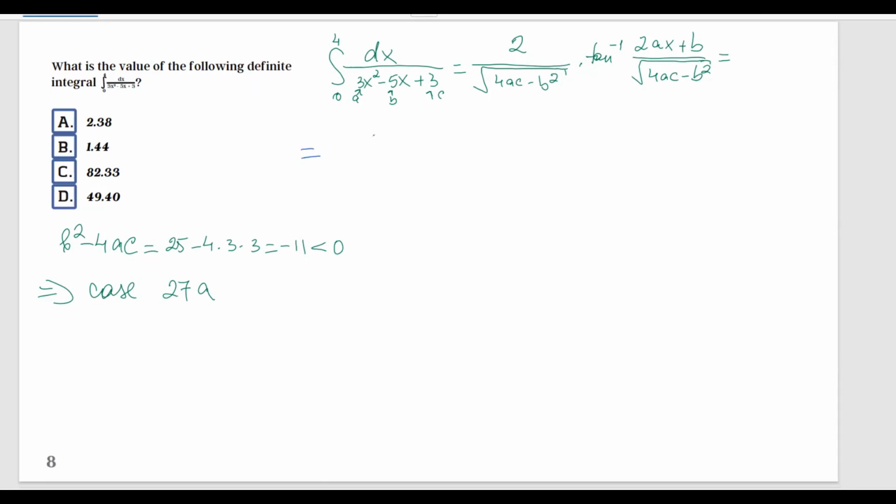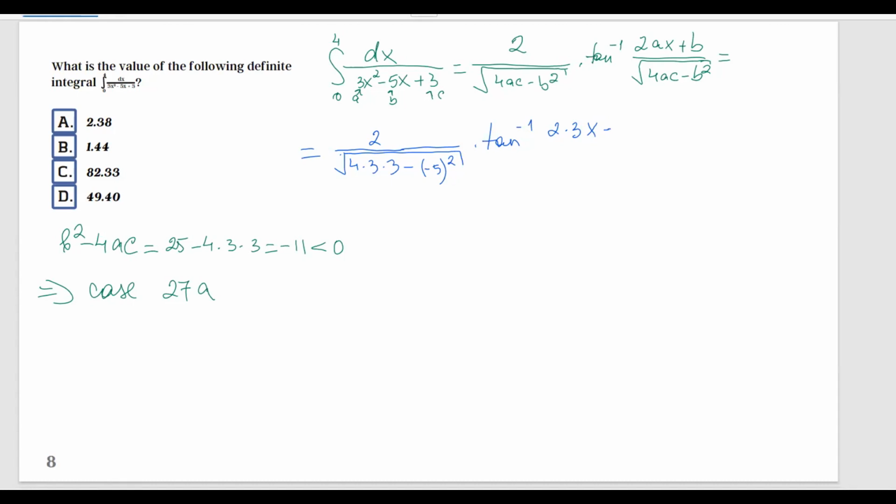Okay, let's substitute. So this is going to be equal to 2 over the square root of 4 multiplied by a, 3, multiplied by c, also 3, minus b squared, which is minus 5 squared. Then we have tangent power minus 1 of 2 multiplied by a, and a is 3, so 3x plus b. B is minus 5, so let me delete the plus sign.